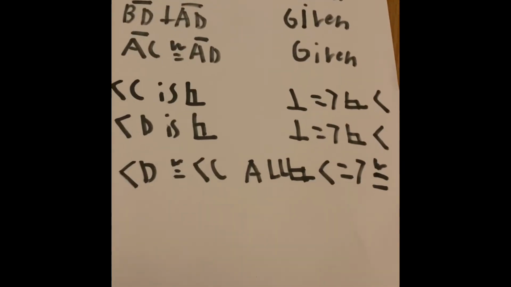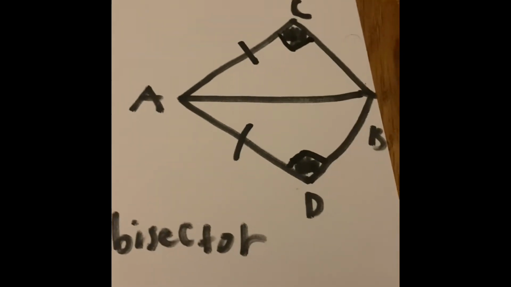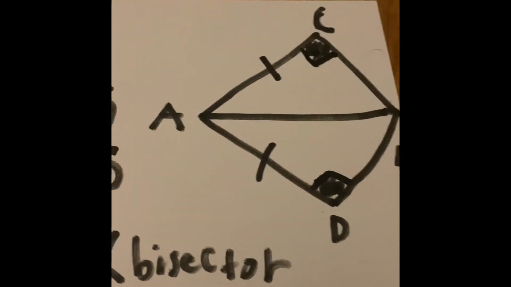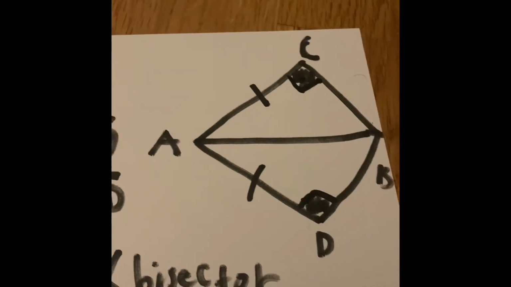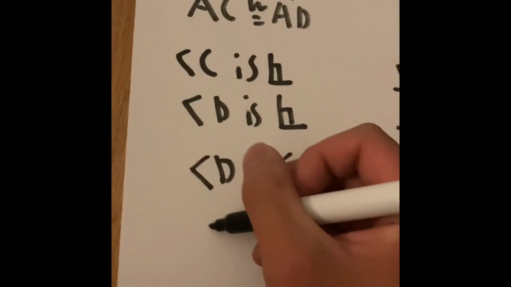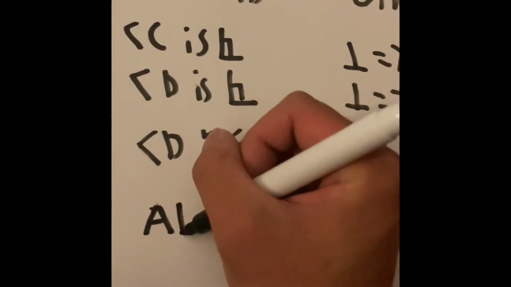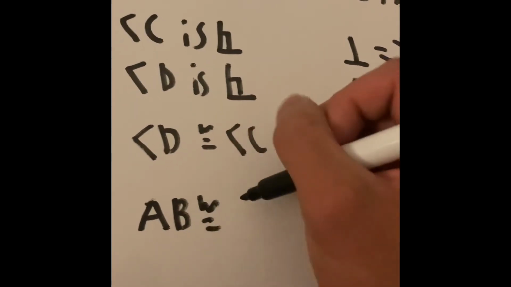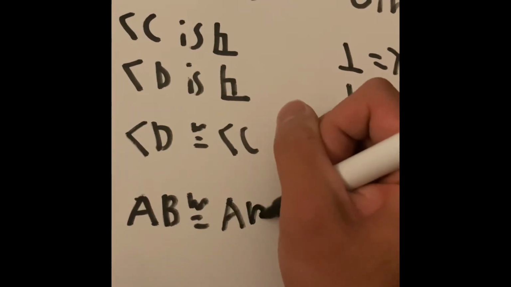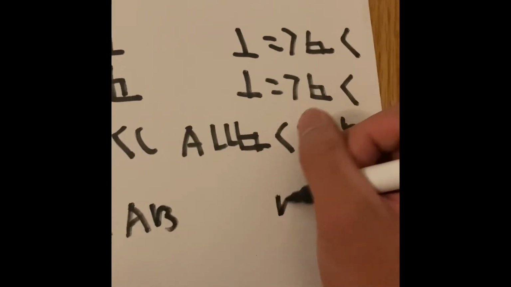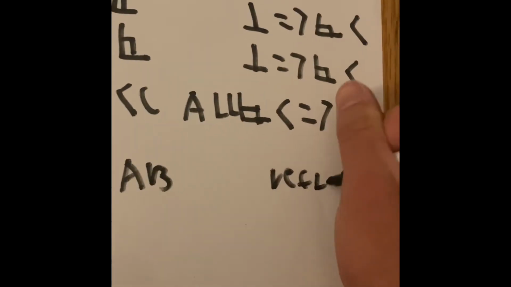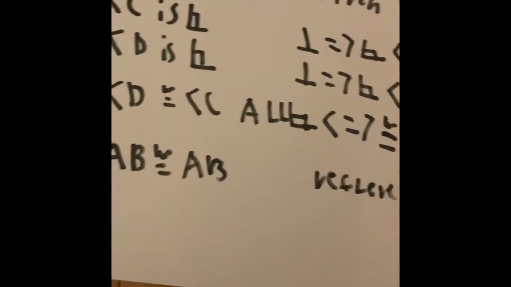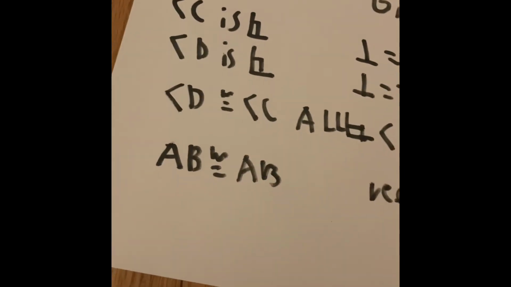The next thing we can talk about is, if we're trying to use the HL postulate, there's one thing that we're missing, another leg. And we can say that AB can become a leg. So AB is going to be reflexive with AB. They're basically congruent to each other because it's literally the same thing.